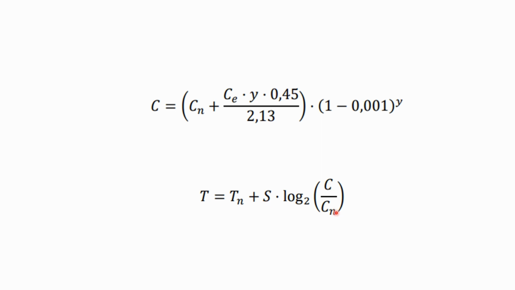So if we, for instance, assume that the concentration will be doubled, then we have log 2 of the double, which is 1. So when we double the concentration of carbon in the atmosphere, the temperature will rise by this S value. The S value here is typically between 3 and 4.5. These two formulas are implemented in the climate scenario model.